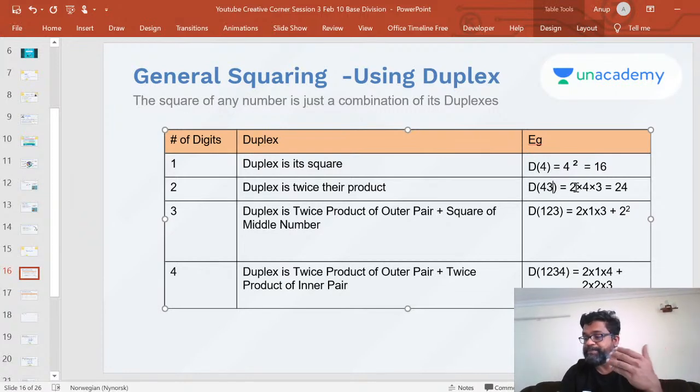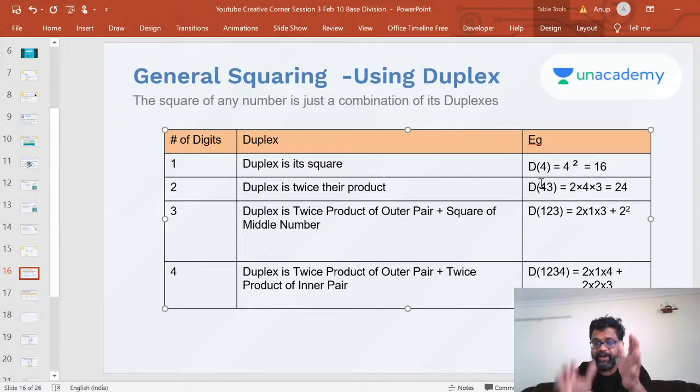The duplex of 1, 2, 3, when you have a 3-digit number, what do you do? You multiply the outer pair, 2 into 1 into 3, plus the square of the inner pair, right? And when you have a 4-digit number, you multiply the outer pair and add it to the inner pair, multiply the inner pair as well, right?